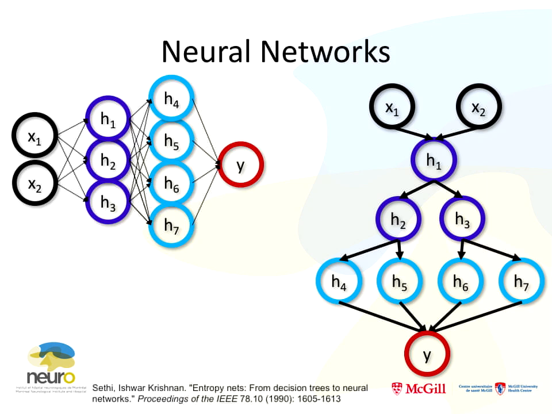And it turns out that you can represent these decision trees perfectly with a two hidden layer neural network.